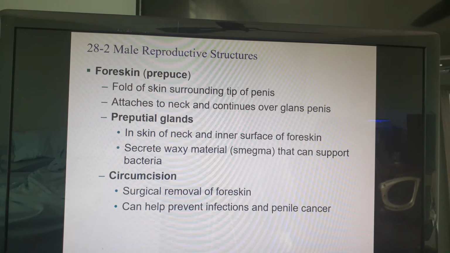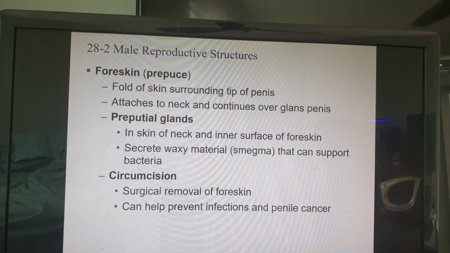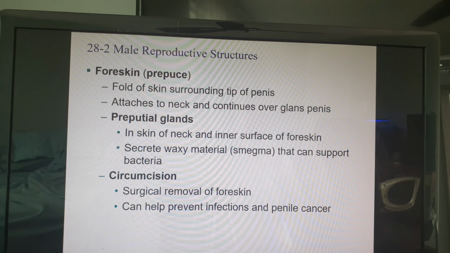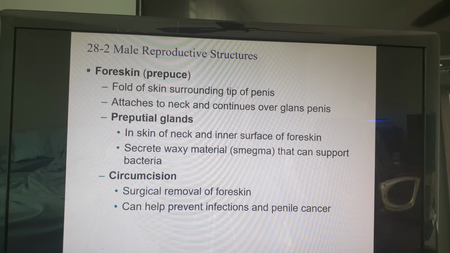A third reason for choosing circumcision in our country is, well, his dad is circumcised and I want him to look like his dad. And so it kind of becomes traditional for people who are doing it for any reason besides bacteria and religion. It's just like, well, I just want my son to look like his dad. So it's a surgical removal of the foreskin, the prepuce, and it can help prevent infections and prevent penile cancer.